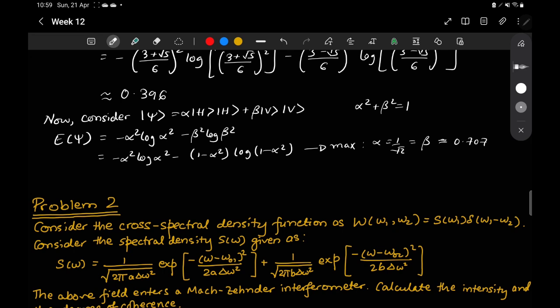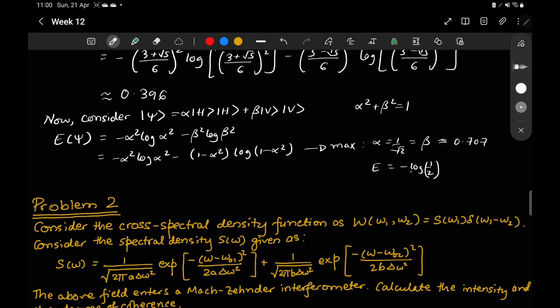So maximum entanglement of formation would then be minus 1 by 2 log 1 by 2, and then same thing again, so it's going to be simply minus log 1 over 2.